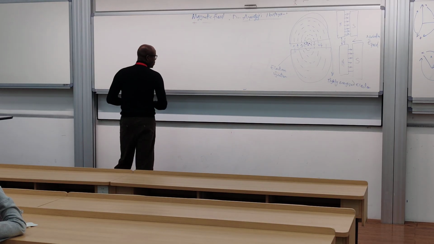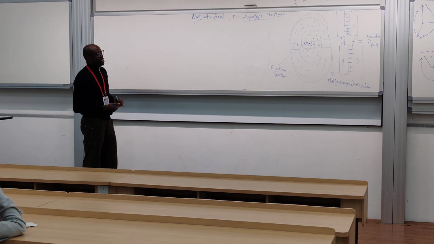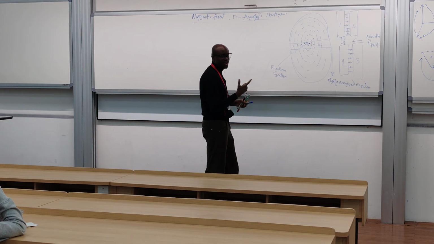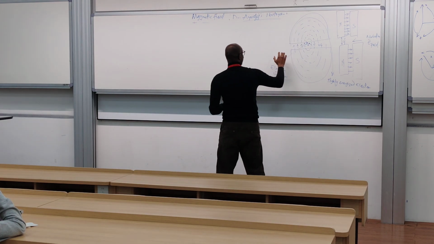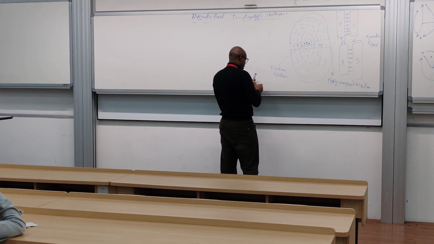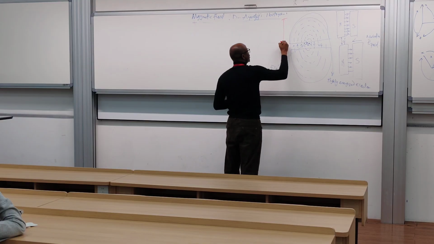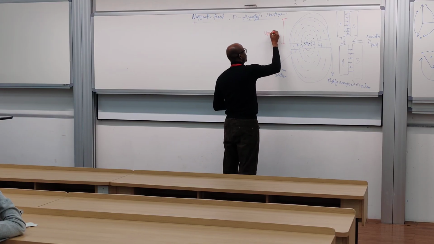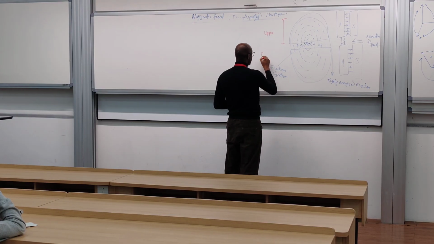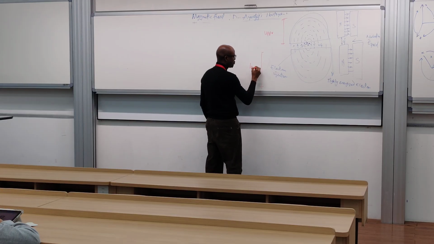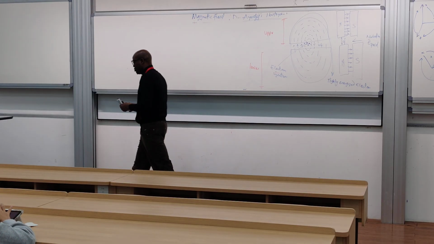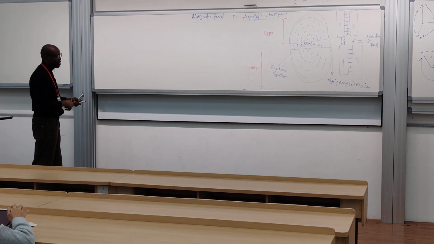We have that number 7. And the first question is saying, what is the initial velocity of the particle before it enters this upper part? So let's call this the upper part, and this is the lower. What is that velocity at that point?